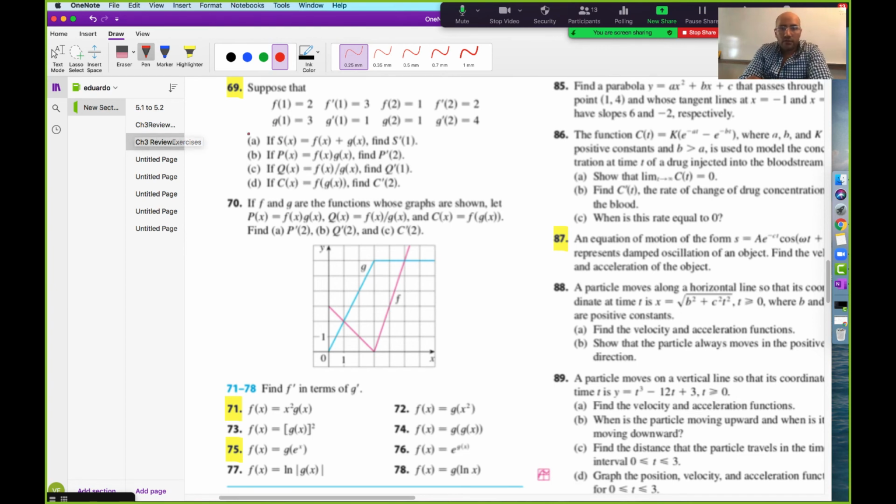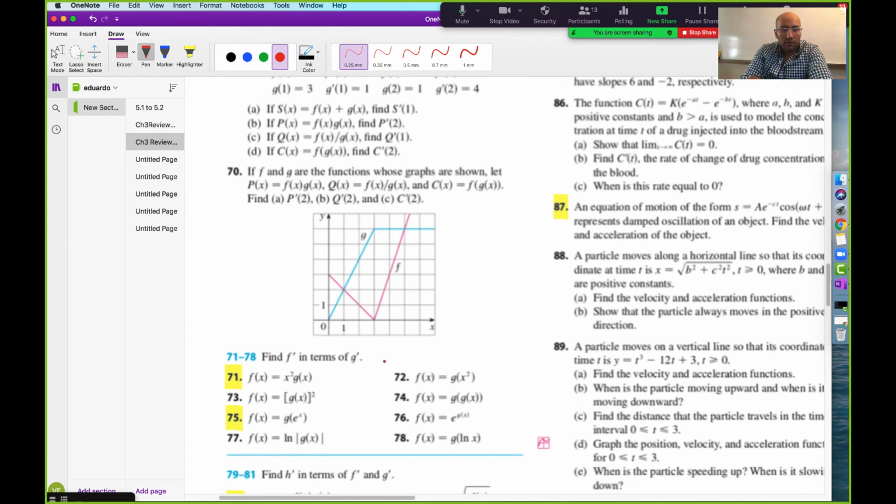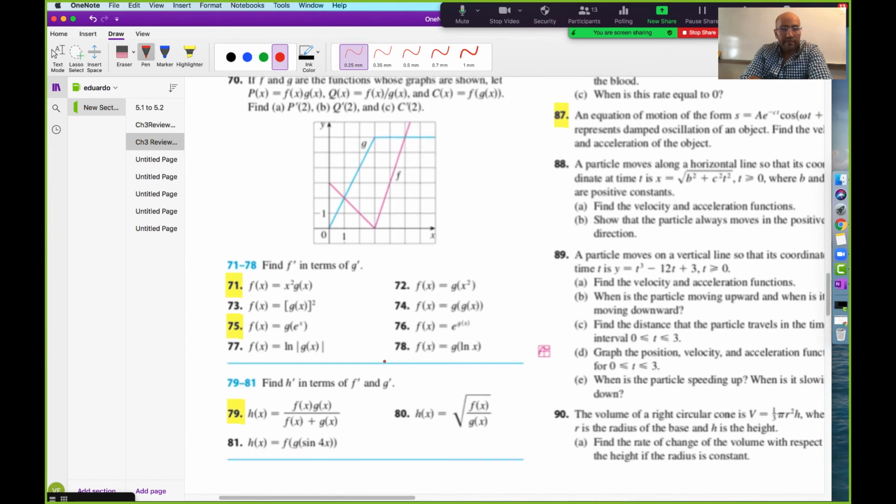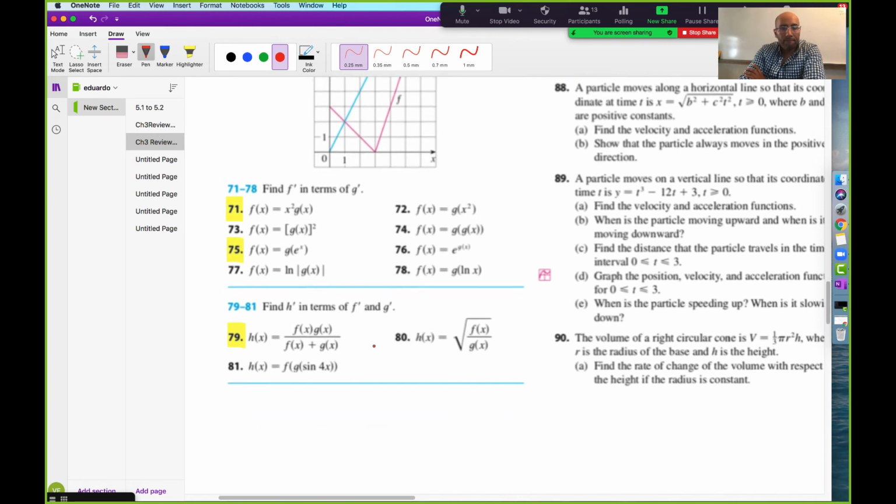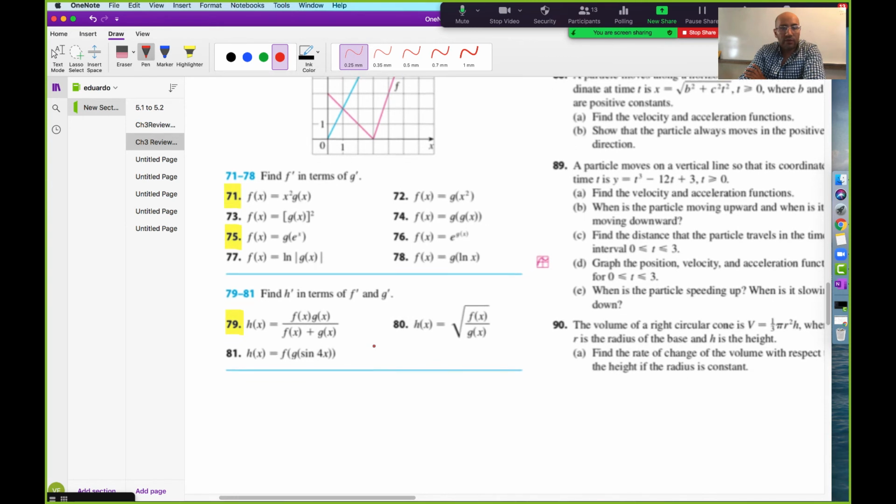All right, so we were at 70. Find f prime in terms of g. I think this is really the same kind of thing. So product rule, get the product rule here. Find h prime in terms of f prime and g prime.